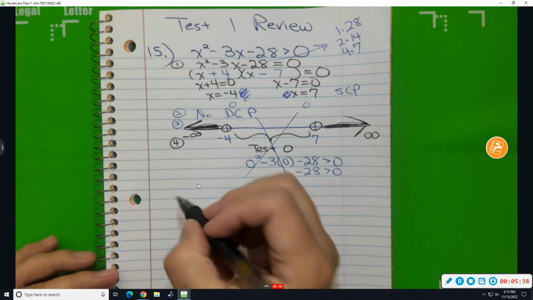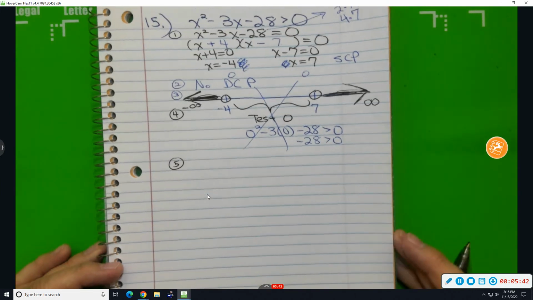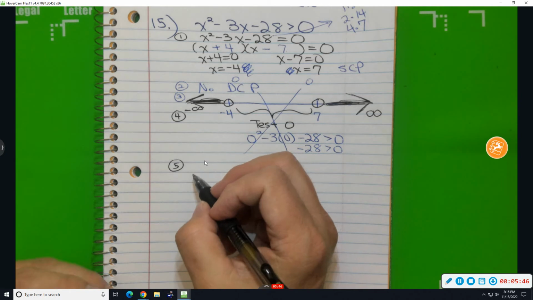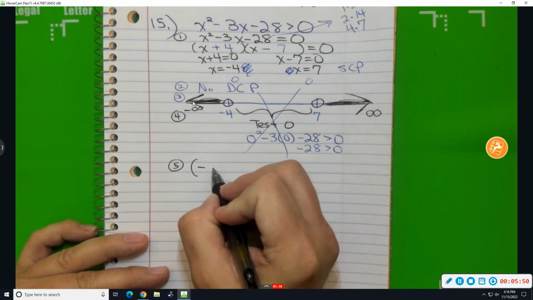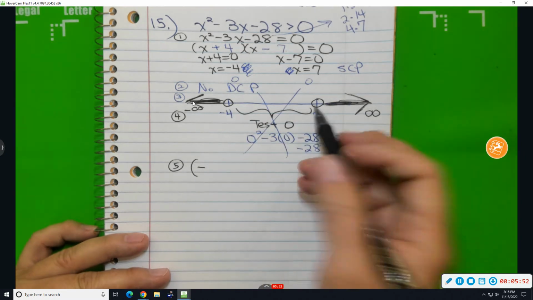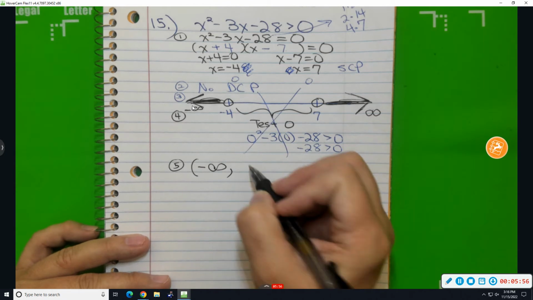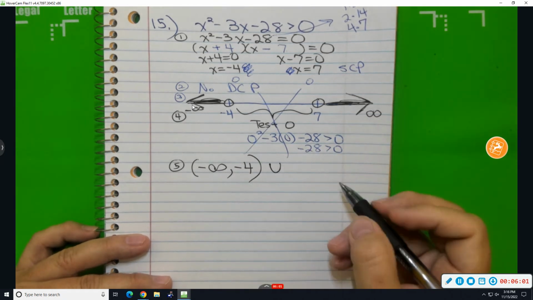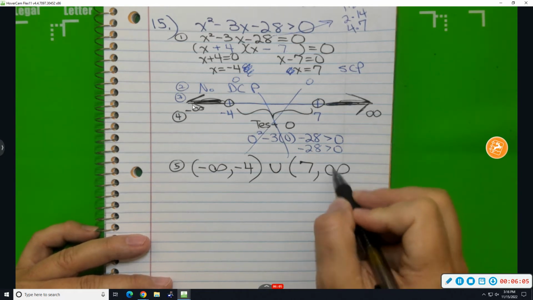Fifth and final step, interval notation. Call it out as if we were writing it, typing it into MyLab. Parentheses or bracket? Parentheses. Are we going to have any brackets? No, because there's no closed circles. So parentheses, negative infinity, comma, negative 4, parentheses, union, open parentheses, 7, comma, infinity, parentheses.